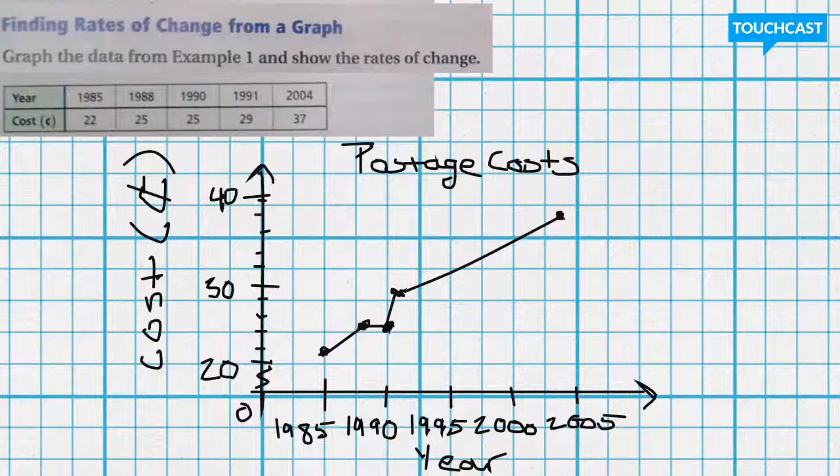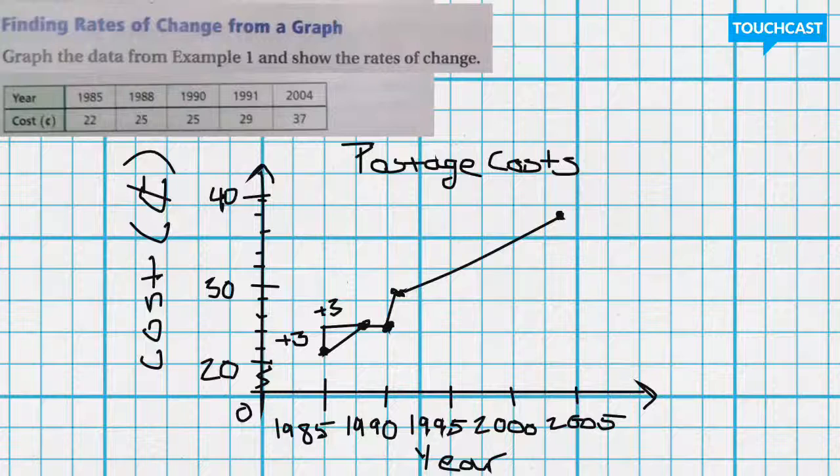And we have finished example 2, where we graph the data, but now we're going to visually show that we had to go up 3 and over 3. So we had to go up 3 in our change in cost and over 3 in our change in years. Then there was no change from 1988 to 1990.